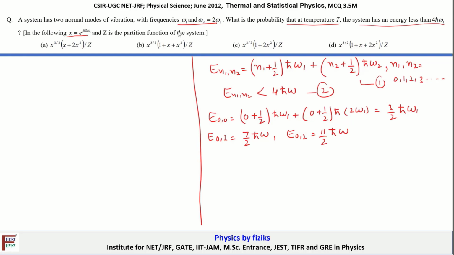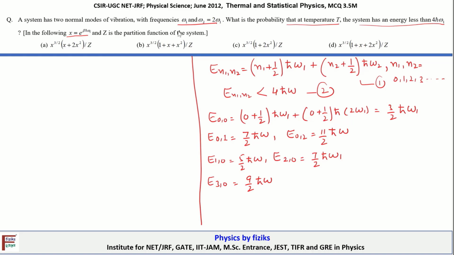Okay, and E10 will be equal to 5 by 2 h cut omega. E20 equals 7 by 2 h cut omega, and E30 equals 9 by 2 h cut omega.